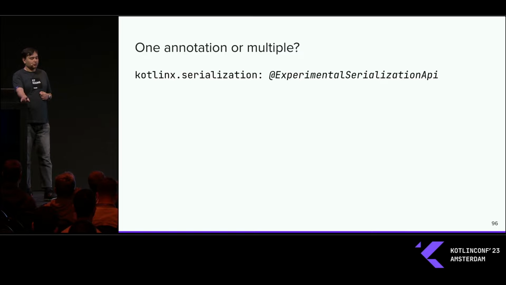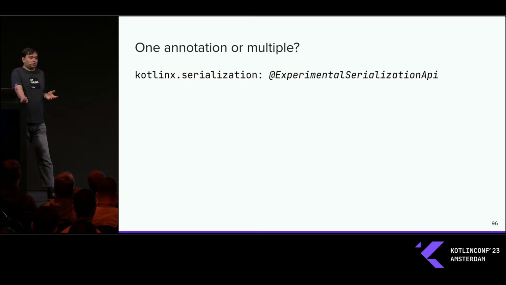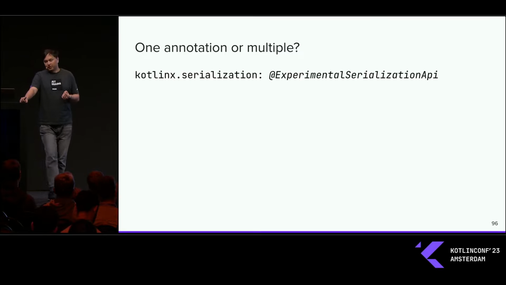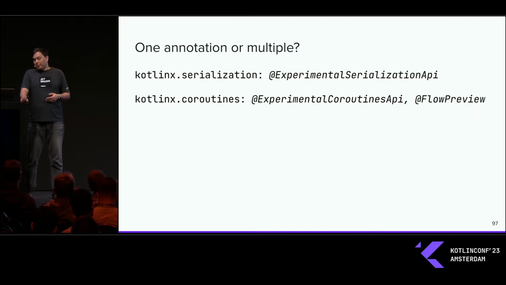A side note: whether you should use one experimental annotation or multiple. In Kotlin serialization, for example, we have only one experimental serialization API, and we mark every new function, every new class with it. So it's possible to have only one.